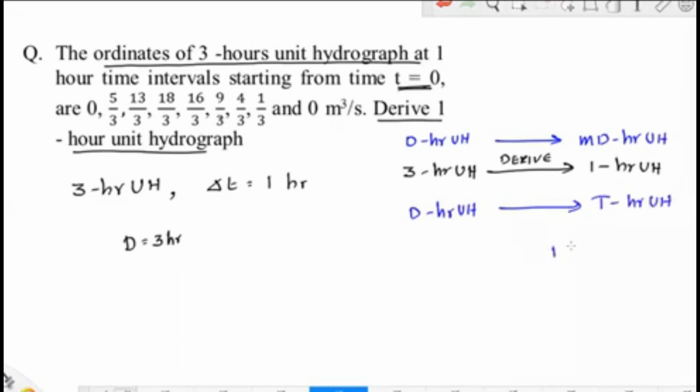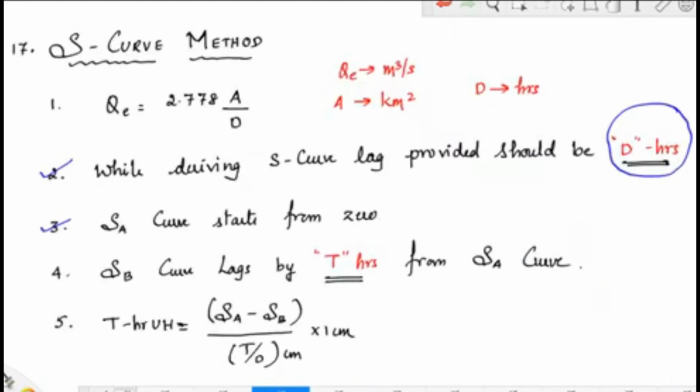So M into D completely we call T, that is nothing but 1 hour. So your SB curve should lag by 1 hour. The SB curve lags by T hours from the SA curve.